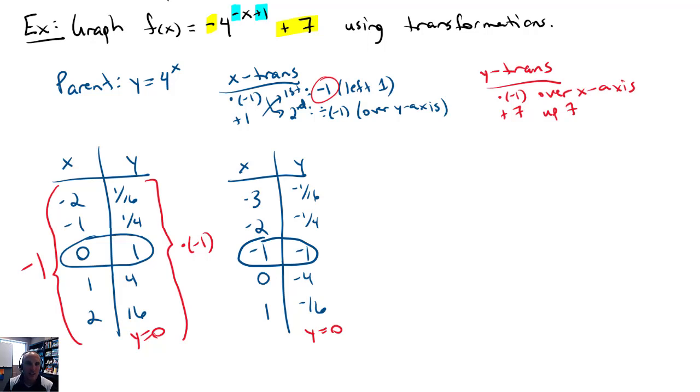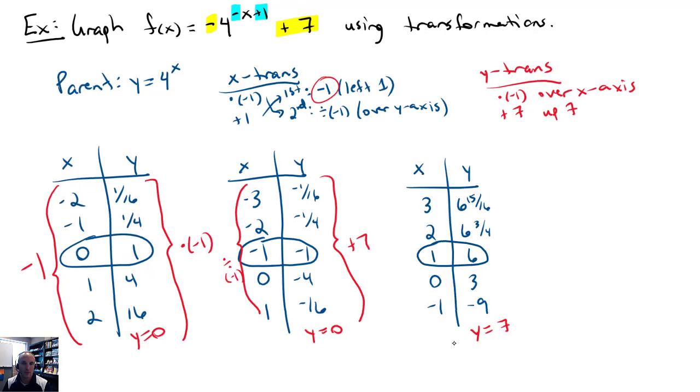Now let's divide my x values by -1, and let's add 7 to the y values. We get a new reference point at 1, 6 and a new asymptote at y equals 7. And this is our final XY table.